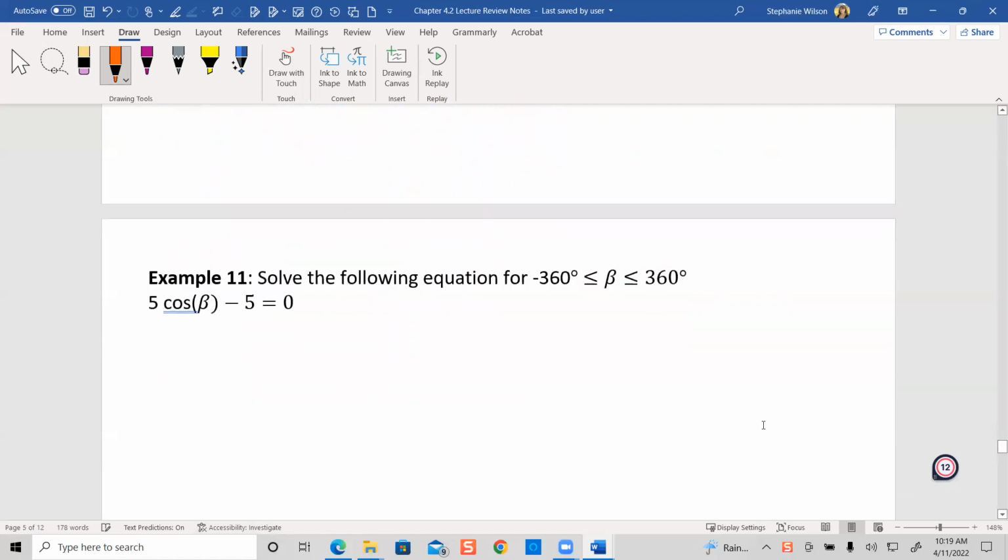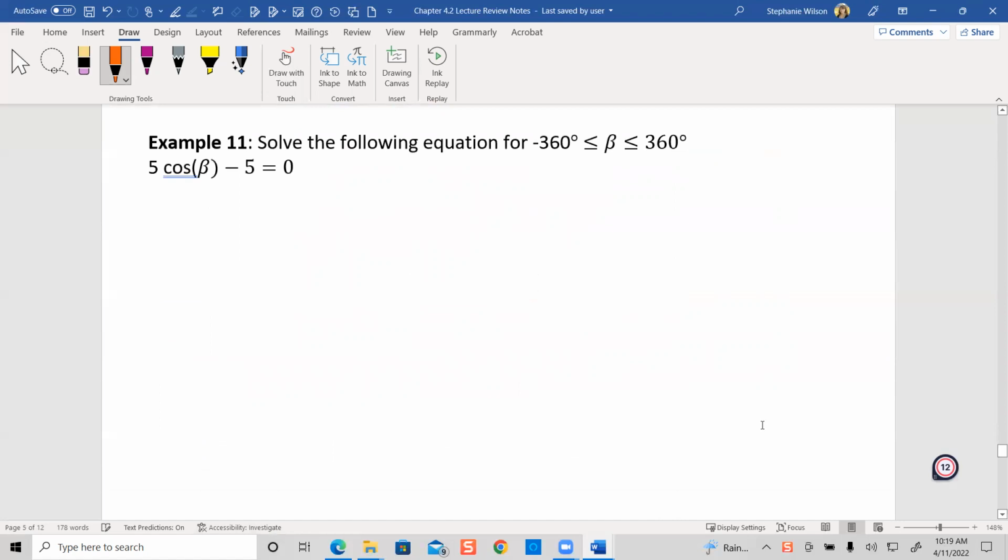All right. The next one is to solve the following, where beta falls between, and can equal, negative 360 degrees to 360 degrees. So that means we need to solve for beta. In order to do that, we need to find cosine of beta. So I'm going to add this 5 to both sides, and since it's 5 times that cosine, I'm going to divide. 5 divided by 5 is 1, and now I'm going to take its inverse.